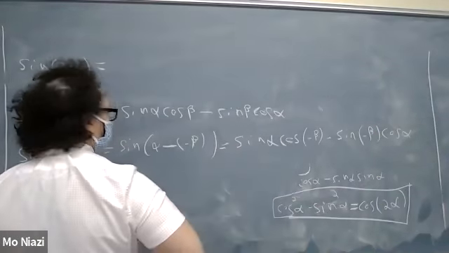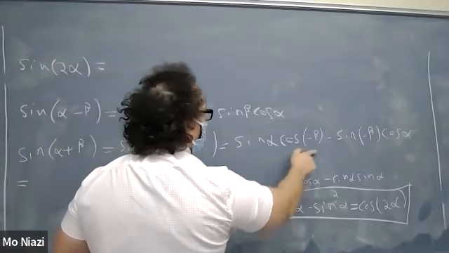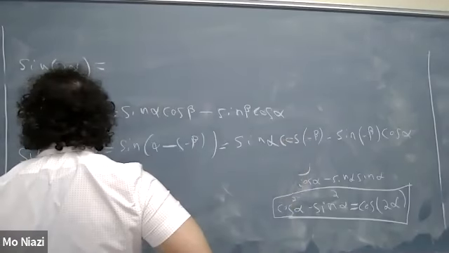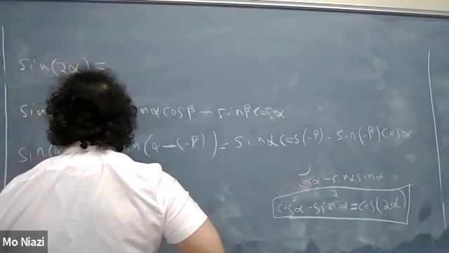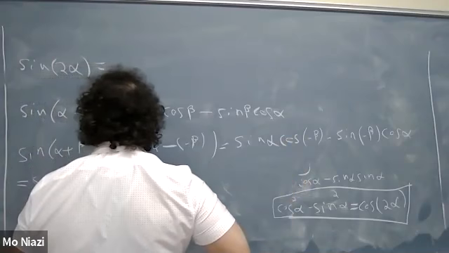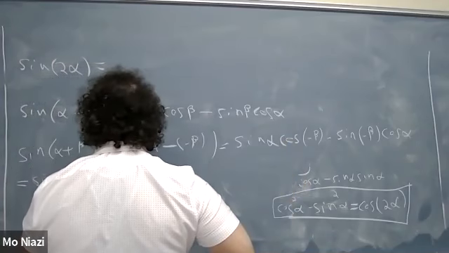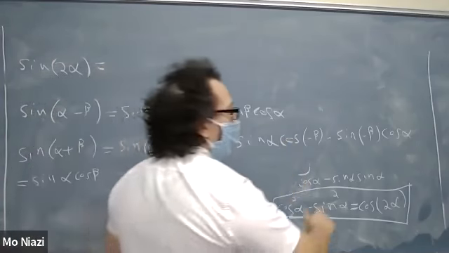What does this reduce to? This is an even function, so that minus goes away inside. So I get sine alpha cosine beta. Over here, this is an odd function. The minus comes out in front, which cancels with that to make it plus.